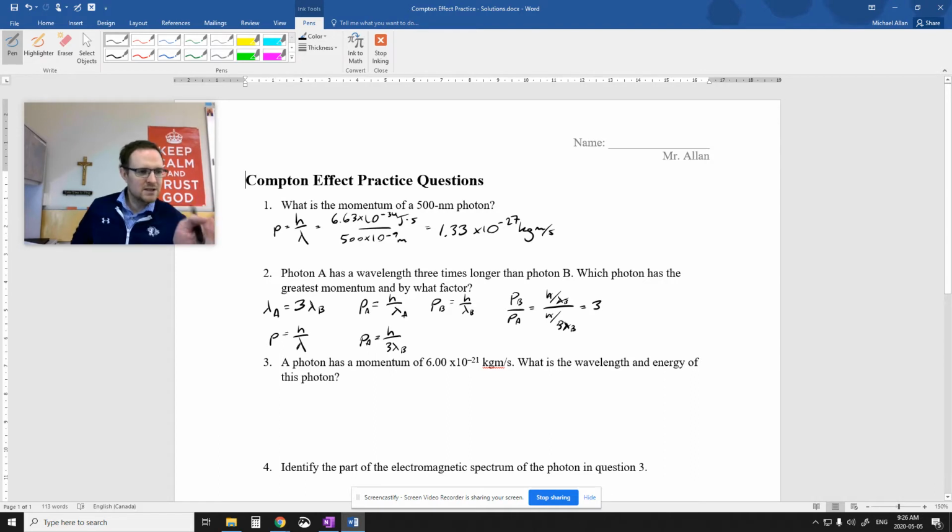So the momentum of B divided by A is equal to 3. If I slightly rearrange this, I could say that the momentum of B is equal to 3 times the momentum of A. You see that's switched around from the previous one where the wavelength of A is 3 times that of B, but now the momentum of B is 3 times that of A.